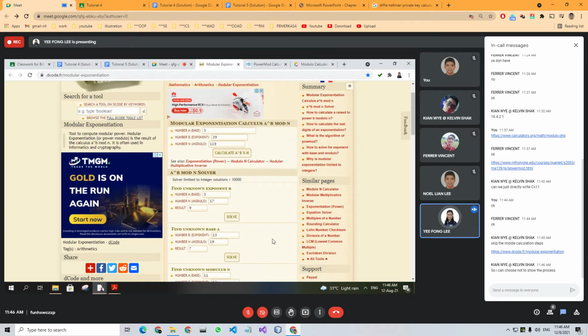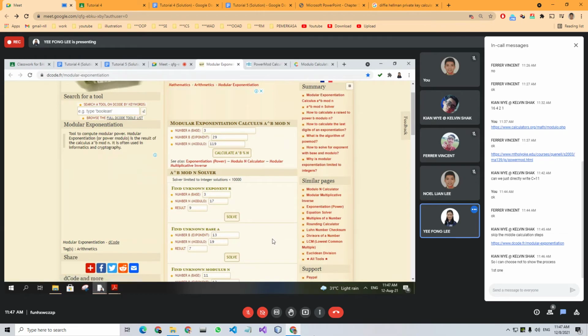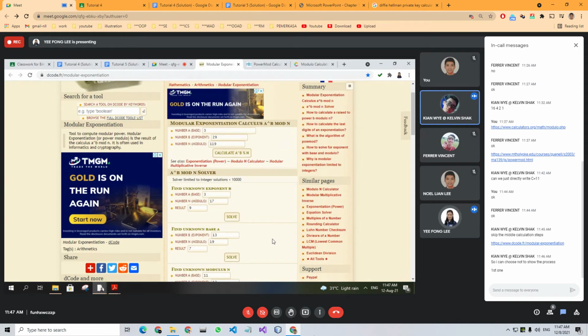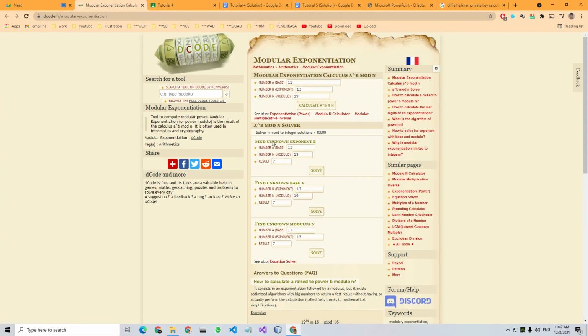Kelvin, tell me which one should I use if I want to find the exponent? The first one. We already said exponent, base, or modulus. What is exponent? The second one, the one with the B. The B, this one, right? This one, yeah.